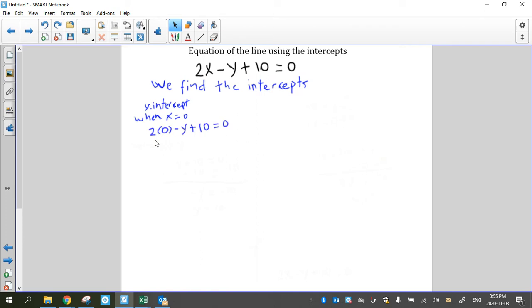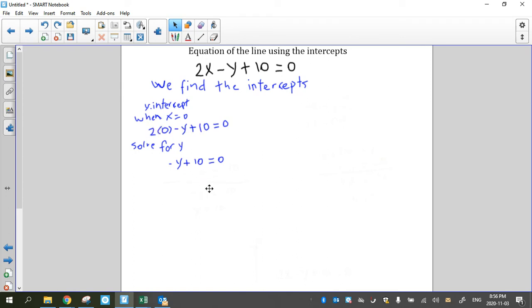And I end up with this new equation, 2 times 0 minus y plus 10 equals 0. All I did was substitute the x for the 0. And now this equation, when I solve for y, little by little, becomes this. Negative y plus 10 equals 0 because this term disappears, it's 0.